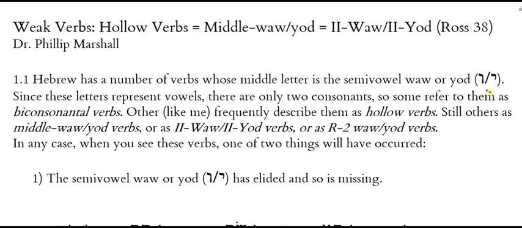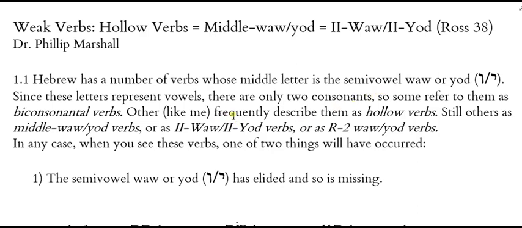So we've got vav yod here. Semi-vowel, remember, we learned about the letters vav and yod, which can function as consonants, and sometimes in Hebrew they function as vowels. They form the w and y sound in ancient Hebrew. And those sounds veered often into vowel sounds, even when they were consonants, and that's why they're often referred to as semi-vowels.